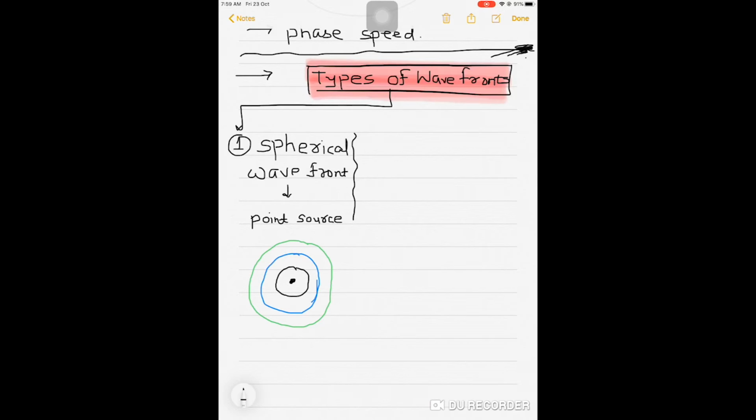Suppose this is one line, and this is another line; these are different rays that we will calculate from it, and these are the wavefronts of different forms.